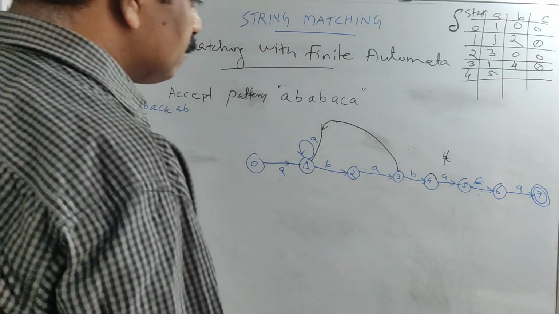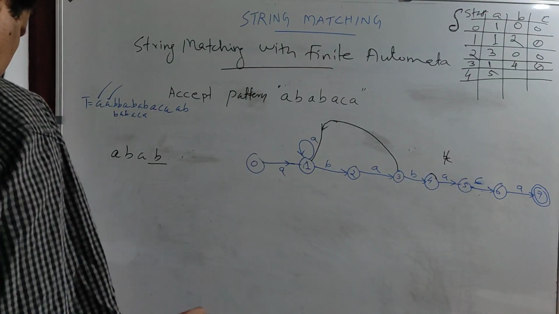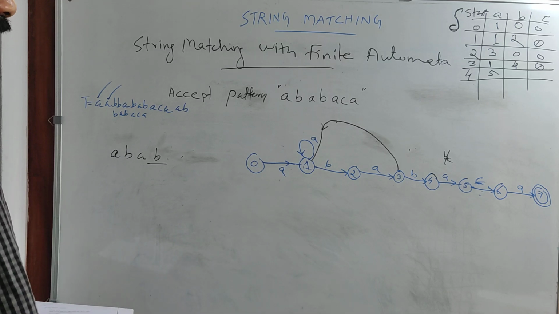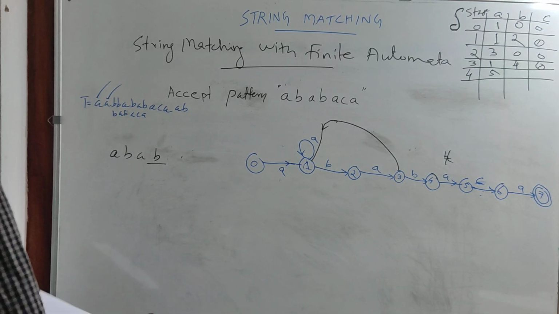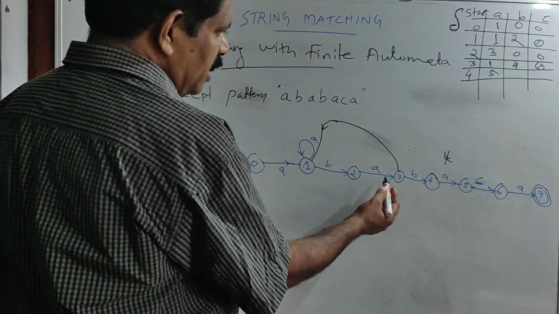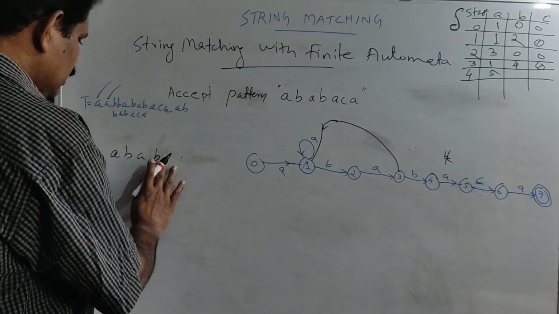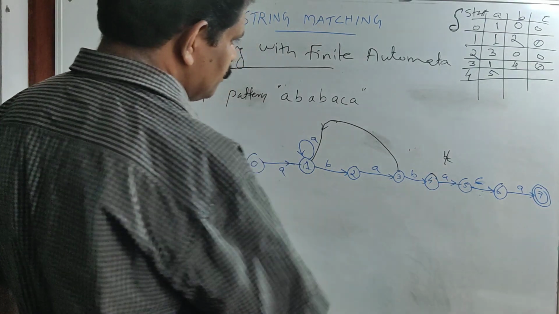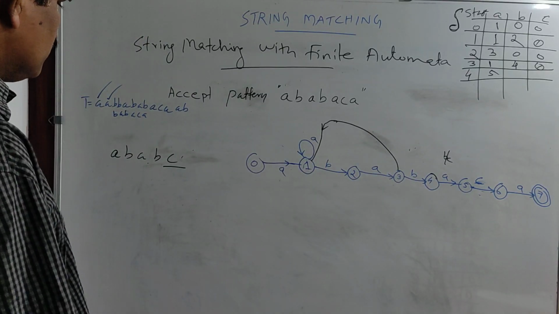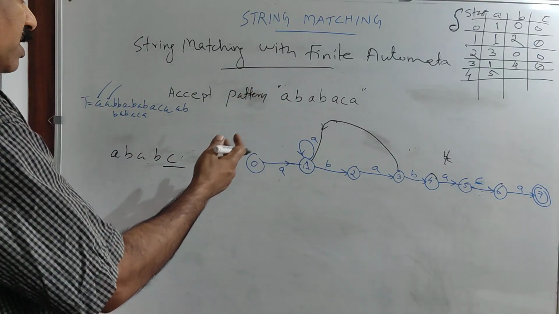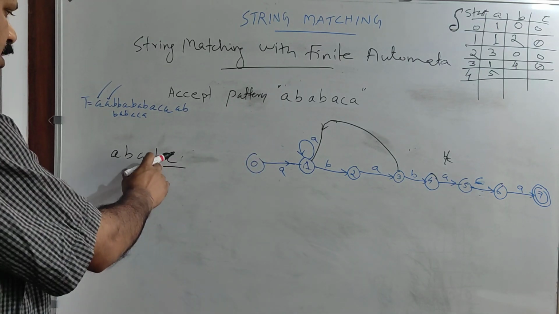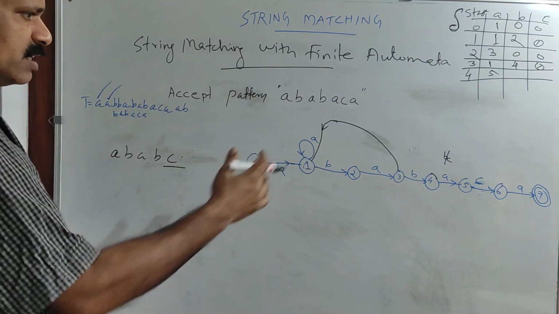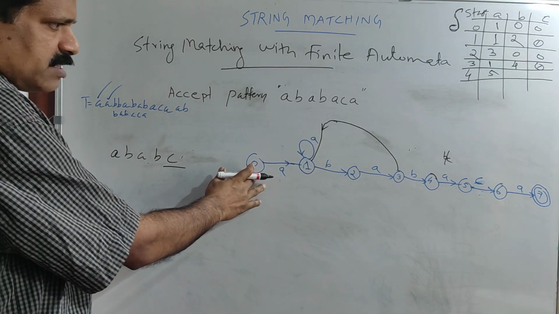On getting a C, there is no chance. It has to start from the beginning. That is A B, the next character we got is C. That is at this point. So no chance we are getting A B, A C, A, and clubbing it with the previous character B C is not a beginning of our pattern. So it has to come back to initial state.